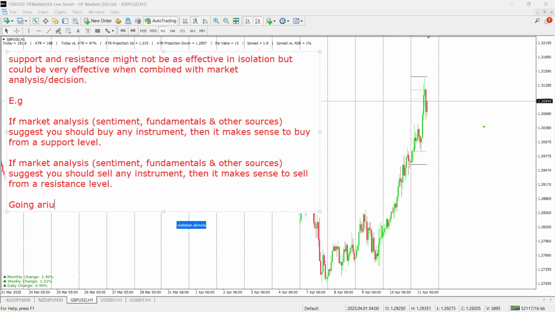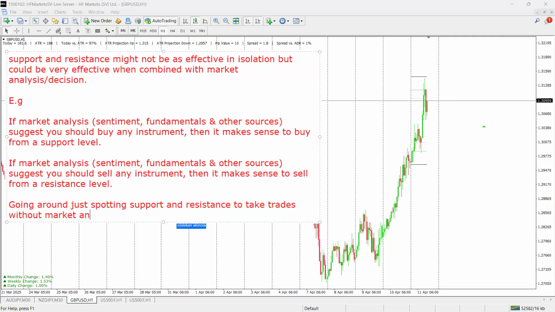Going around just spotting support and resistance to take trades without market analysis might not be effective.